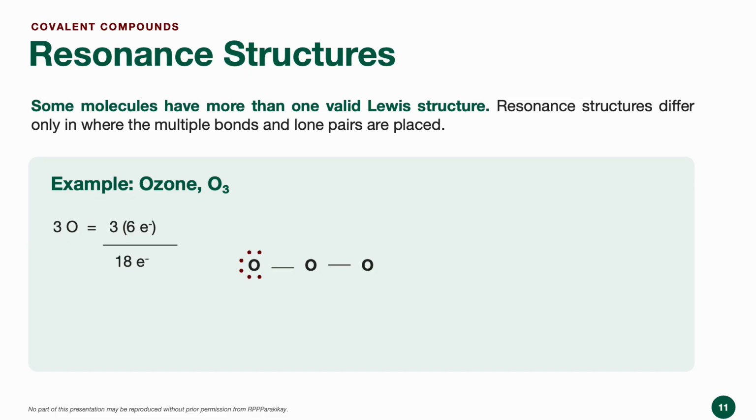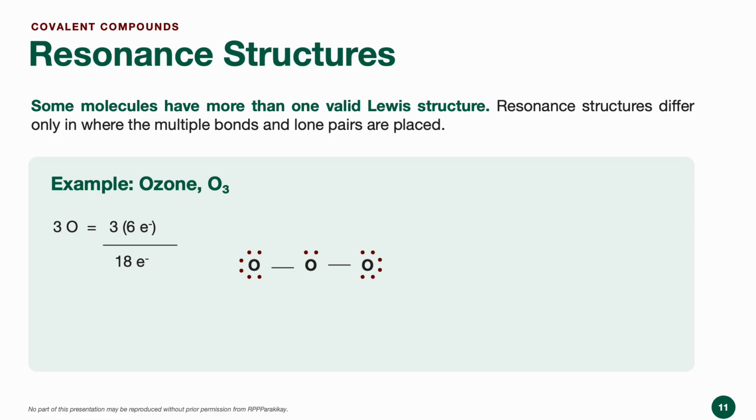So doing that, we have the following structure. 2 terminal atoms times 3 lone pairs, we have 12 electrons that were distributed. So electrons remaining will be 14 minus 12. We have 2 electrons remaining, which become a lone pair on the central oxygen.